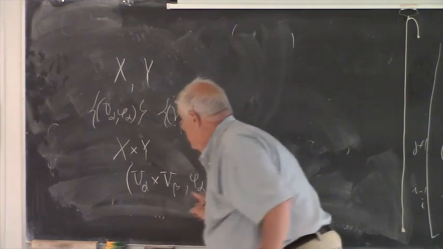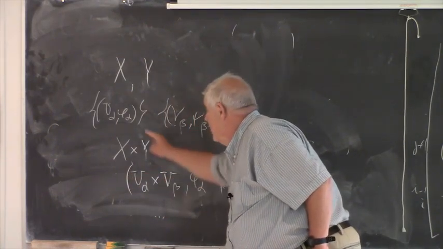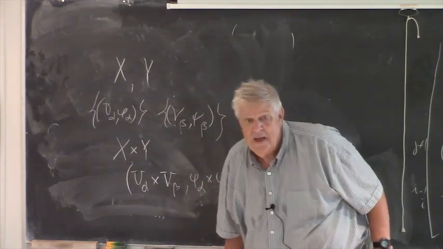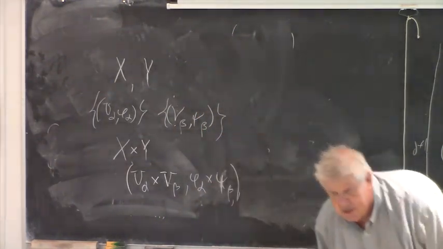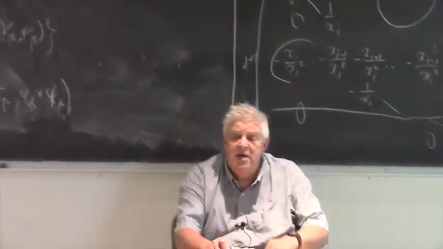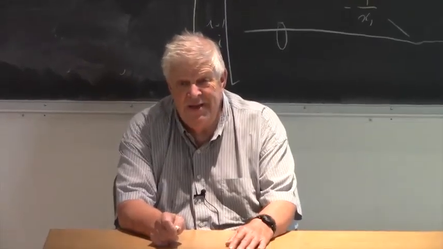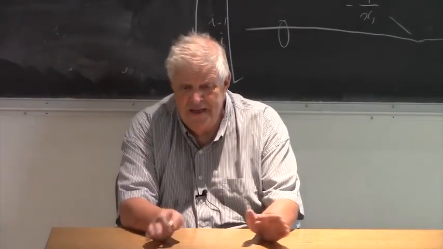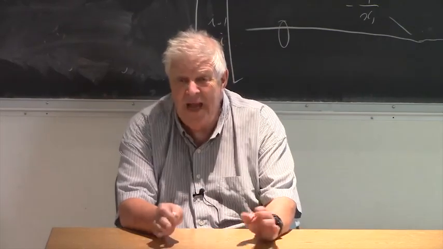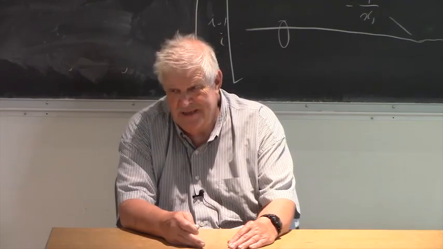It's a map which takes a pair, a point here and here, into their images with respect to phi alpha and psi beta. So this is a chart, obviously, and I will not even check this, but it is really true that these charts form an atlas which satisfies all possible conditions.